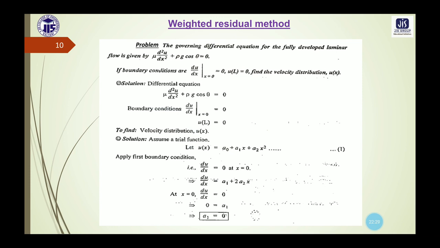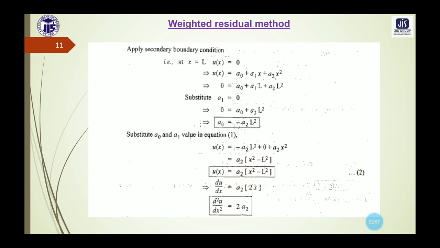Based on those, we identified the two different parameters in the trial function, a0 and a1, in terms of a2. After that we entered those values and rearranged the trial function in terms of a2, which we can see here in equation number 2.